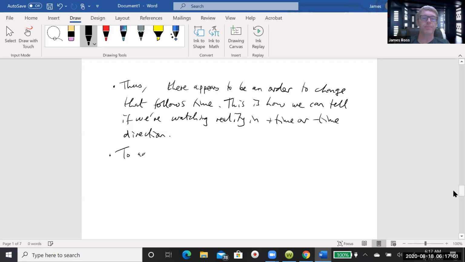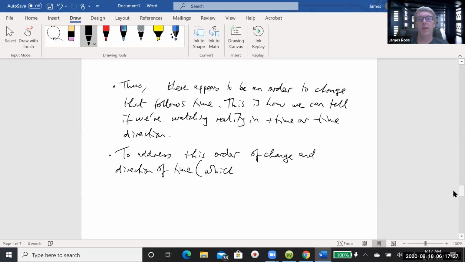So to address this order of change and direction of time. And why do we have to address this? It's not a fundamental feature in physics equations.